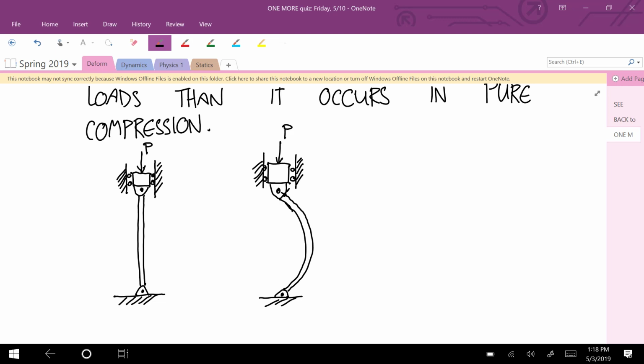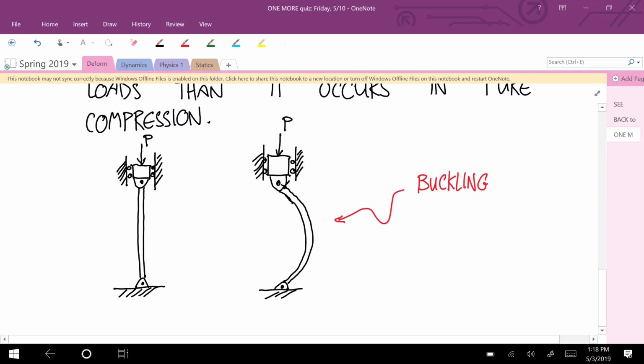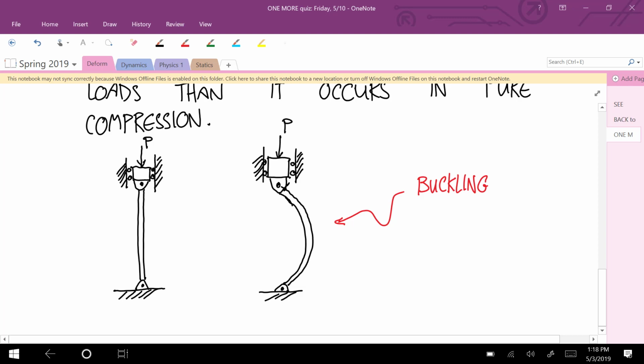So the type of joints that you model it as has a big effect on what that buckling load is. If they were fixed, it just depends how strongly they were fixed, I guess.